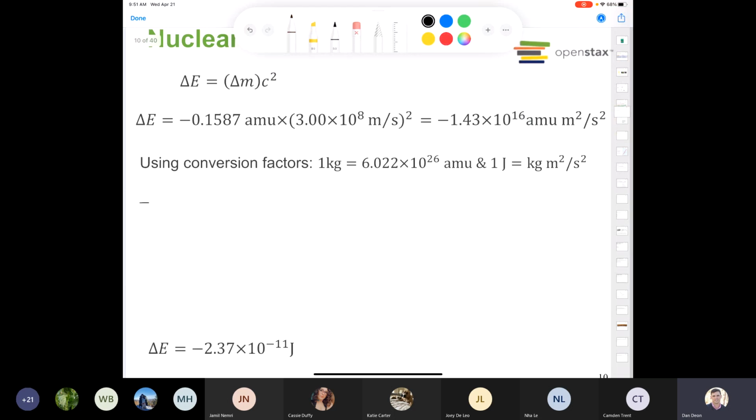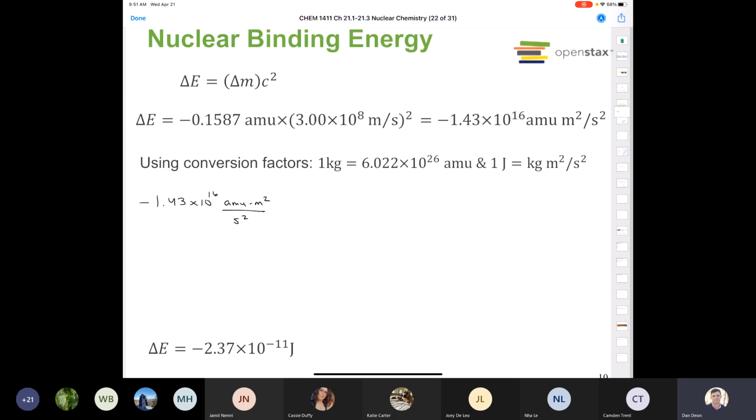Look, I have negative 1.43 times 10 to the power of 16 atomic mass units times meter squared divided by second squared. Okay, I have in 1 kilogram, 6.022 times 10 to the power of 26 AMU. And I know that in 1 joule, I have 1 kilogram times meter squared divided by seconds squared.